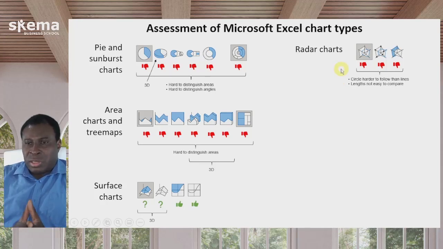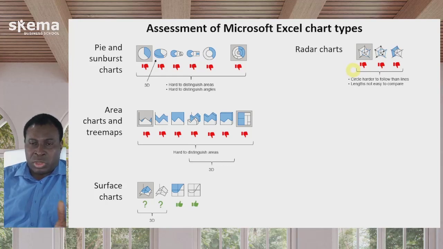Radar charts, they look impressive, but they're really hard to understand and follow. And just about anything you can do with a radar chart, it can be far more easily expressed with a standard column chart and can be more easily understood. That's because the lengths spread out radially are simply not easy to compare.